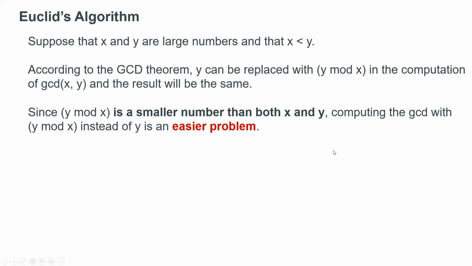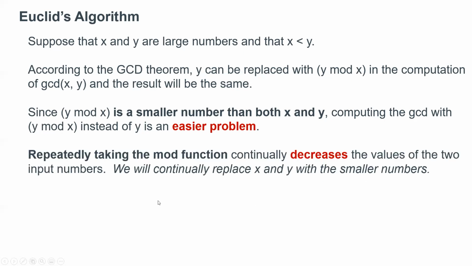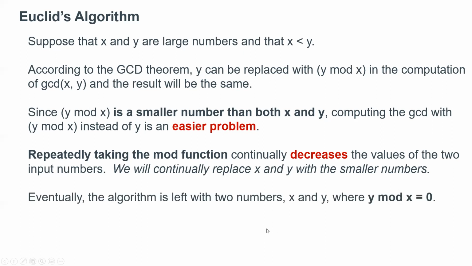What we're going to do is repeatedly take the mod function until our numbers get so small that we can work with them without even a calculator. We'll have to use a calculator or a computer when we're first doing these mods because they're going to be big numbers, but we're going to keep doing it at least until it's easy to find that GCD. We'll see how it's done here in a second.